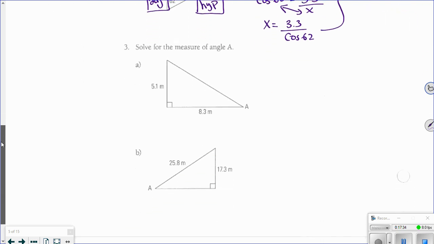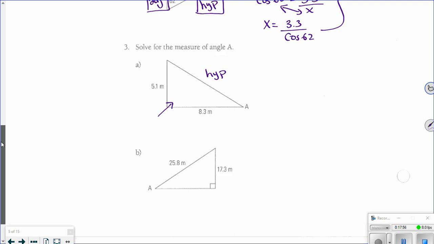When we're solving for an angle, it works the same way. The only difference is we're not solving for a side length anymore. We have to use that second sine function, or second cos, second tan, in order to get our angle by itself. It still starts out exactly the same way. The right angle points at our hypotenuse.